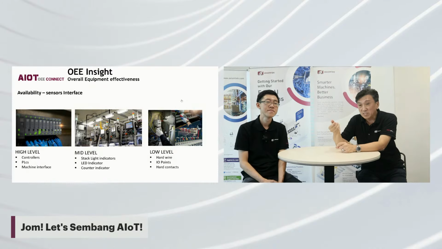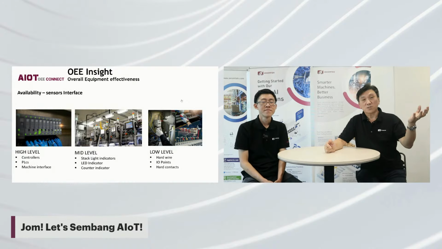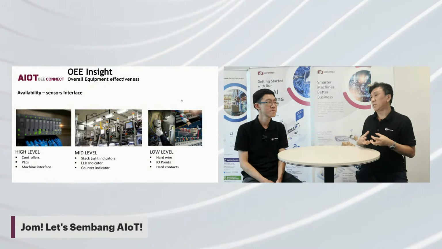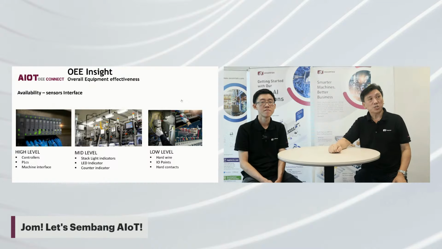Or you have a Modbus device, I also can talk. So that is what this high level is all about. But some machines also have their own built-in protocol. If they declare the communication protocol, actually you can also talk to these machines.